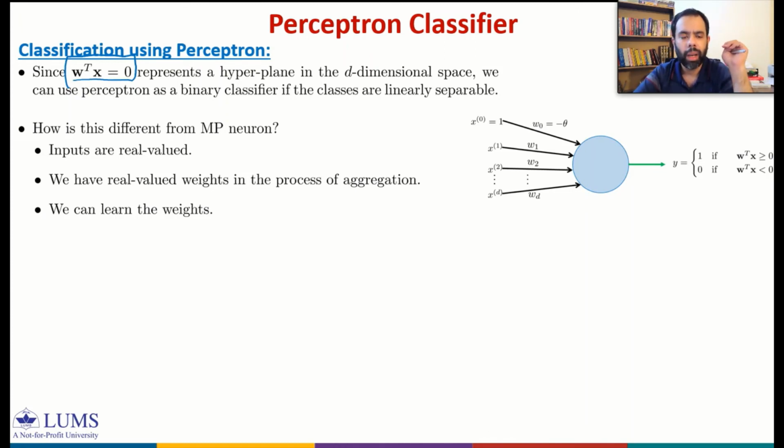In fact, we have seen this before, right? If you connect this with logistic regression, in logistic regression, we use the same weighted sum of the inputs plus bias, and then we pass this weighted sum through a sigmoid, right? Because we want to squeeze from minus infinity to infinity into 0 and 1.